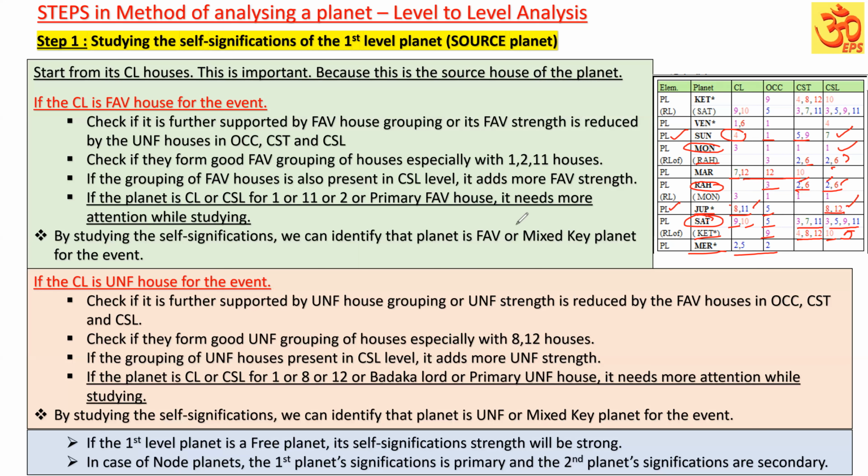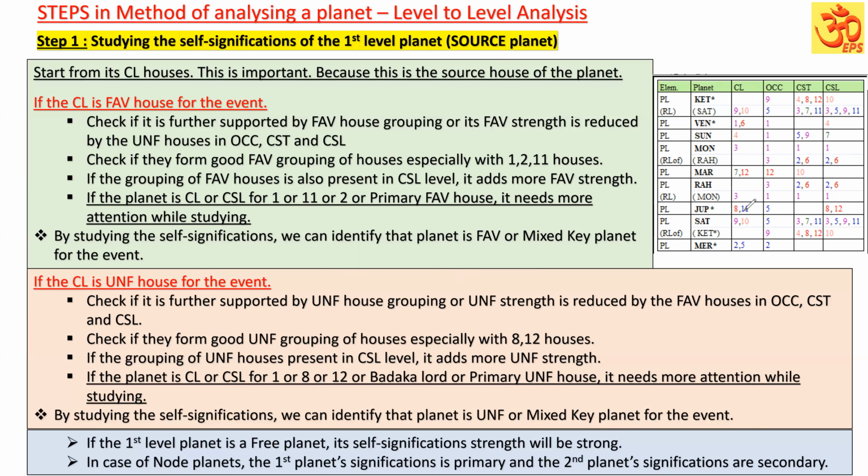So by studying the self-signification, we can find whether the planet is favorable or mixed key planet if the planet is having the CL in the favorable house. Similarly, you can check the unfavorable house the CL is having. You check if the unfavorable house is further supported by the unfavorable house grouping, or unfavorable strength is reduced by the favorable houses in OCC, CST, and CSL.